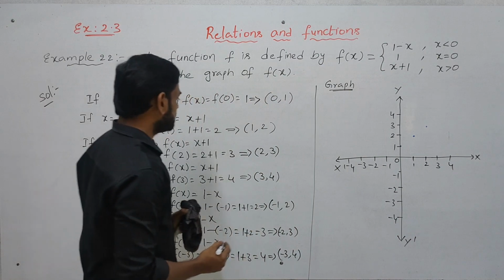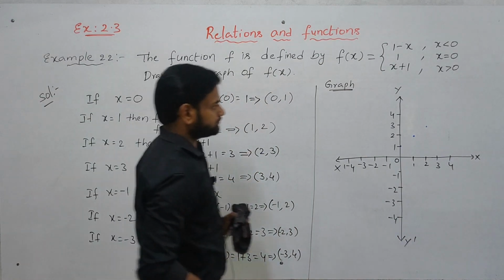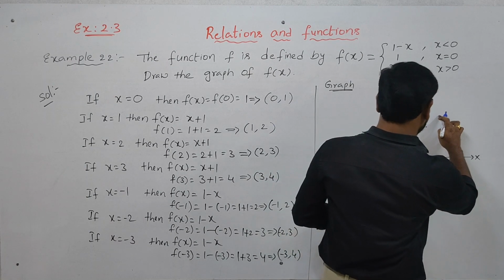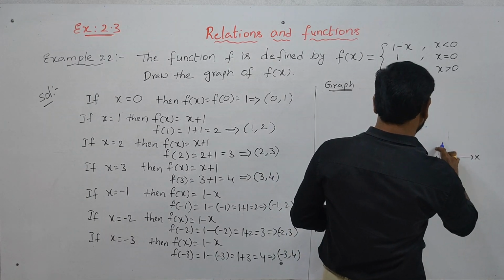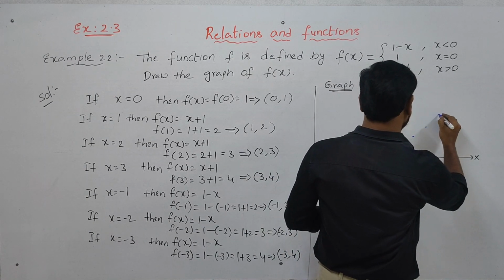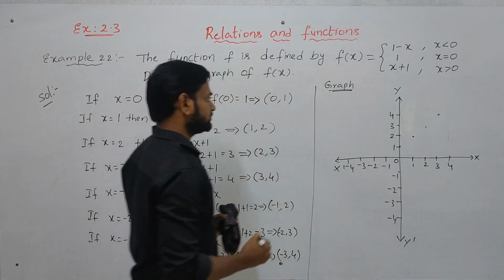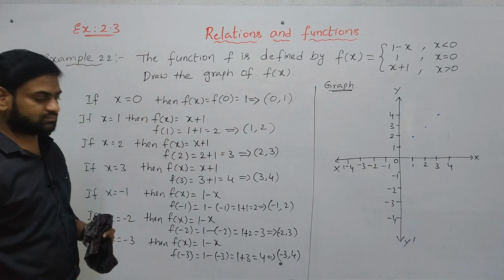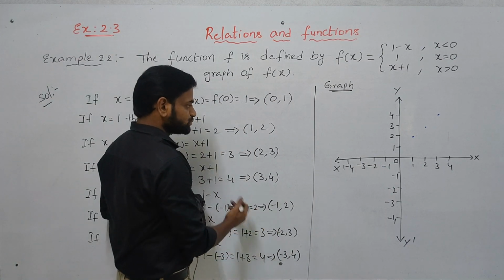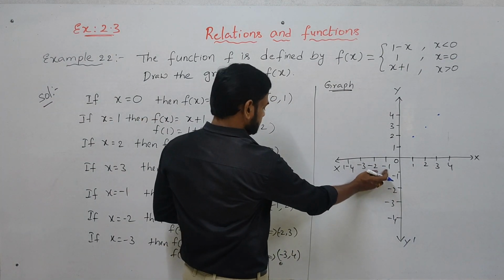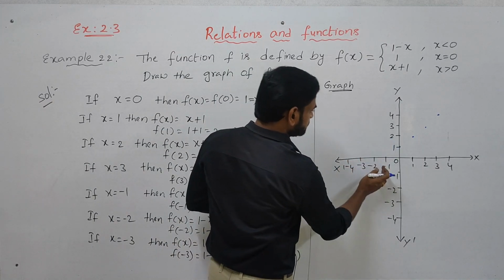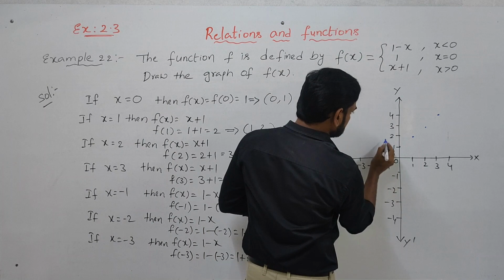Next 3 comma 4, x value 3, y value 4 here. That is the positive side. Next, what about the negative side? X value minus 1 is this one. And the y value is 2. Y value 2 here. So minus 1 comma 2.